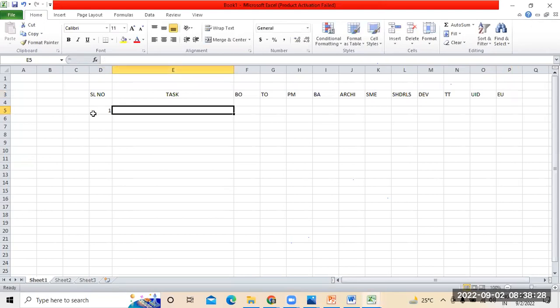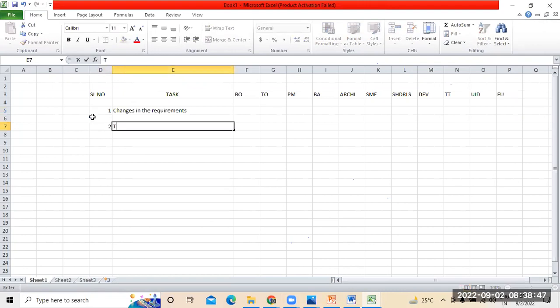let us write down the tasks. For example, changes in the requirements. Maybe second one, timelines. We need to discuss the timelines of the project, which sometimes we may require.